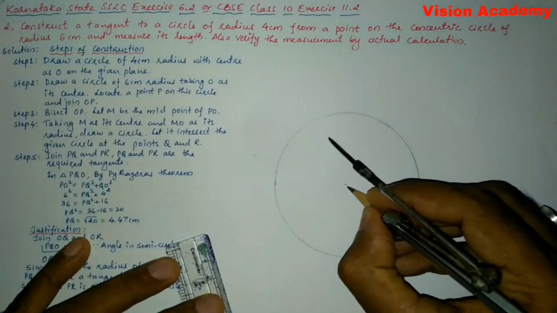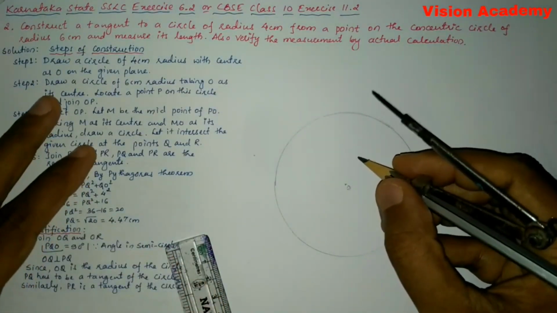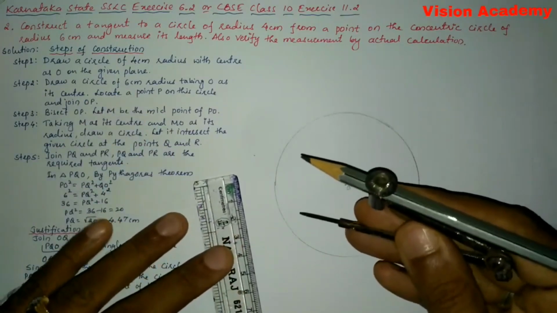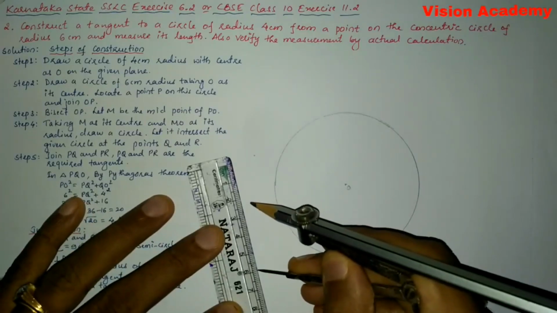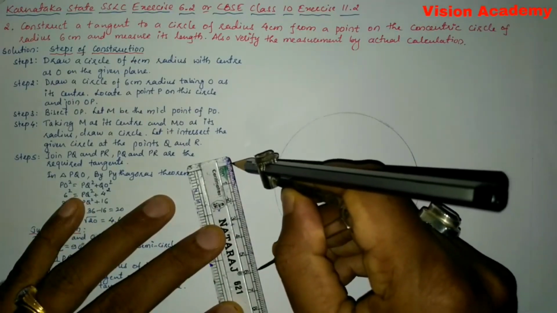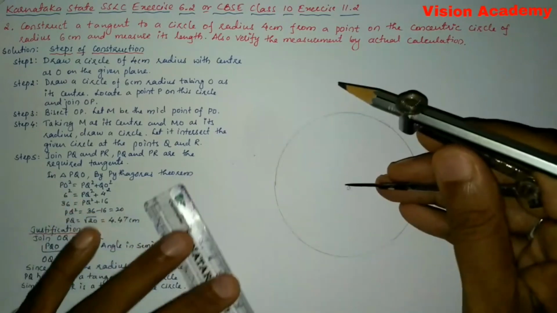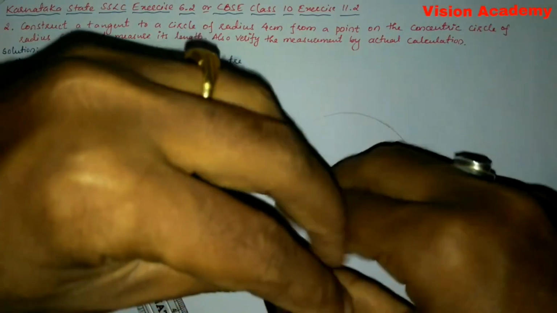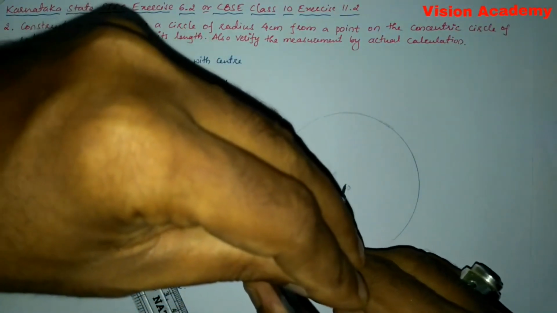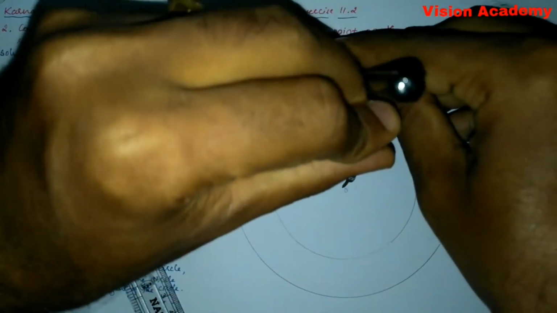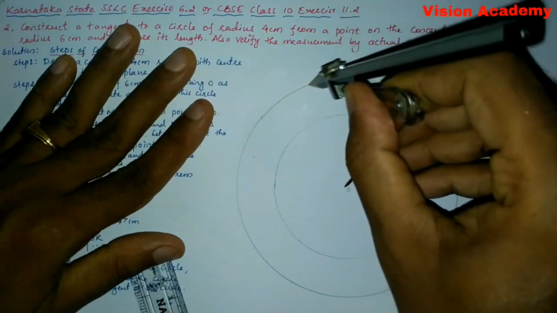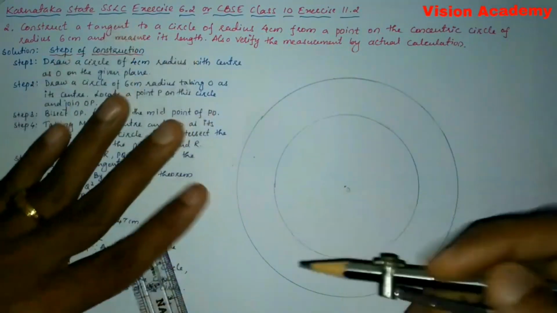So let us say this center of the circle as O. Step 2. Draw a circle of 6 cm radius taking O as its center. Let us draw a circle with the 6 cm radius from point O. So here let us draw another circle whose radius is 6 cm.